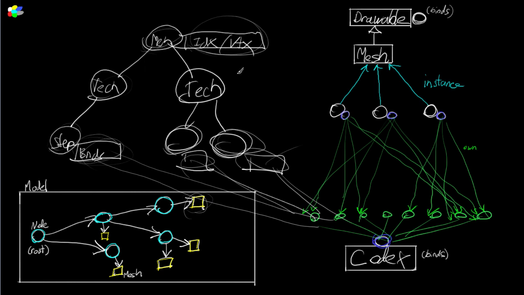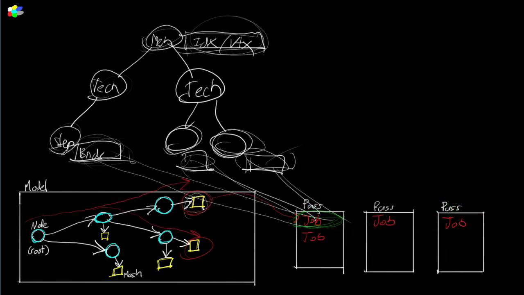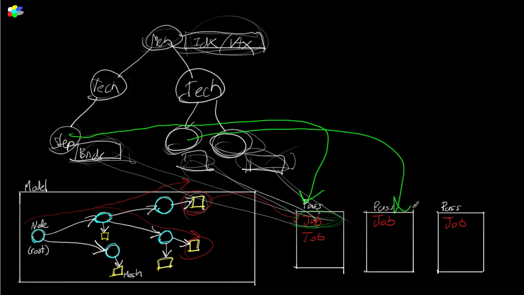So mesh will hold all of the common bindables, and then these steps will hold all the bindables that are particular to a step. And the final piece of the puzzle here is every step has an affinity to a pass. So this step will be submitting a job to this pass, and this step will submit a job to this pass, and this one will submit a job to this pass.